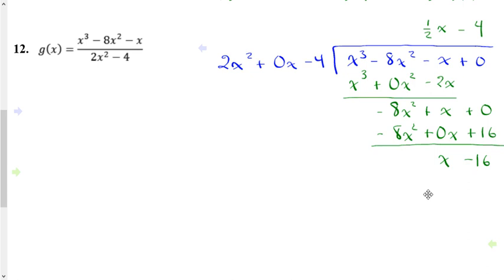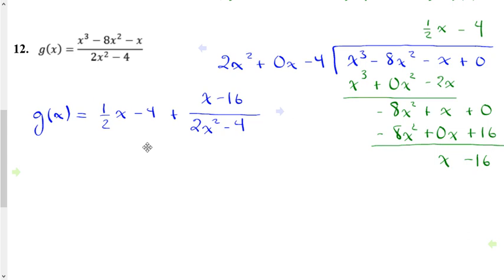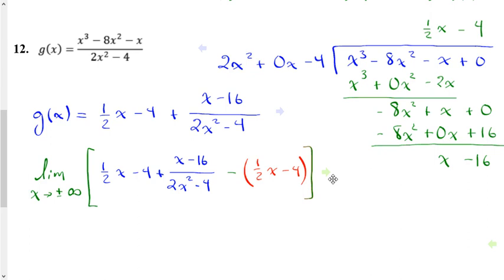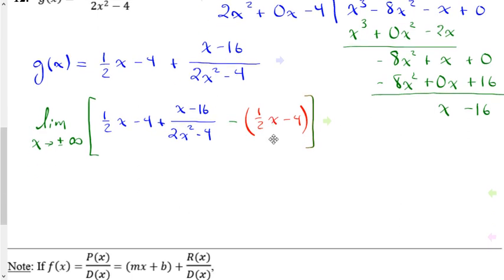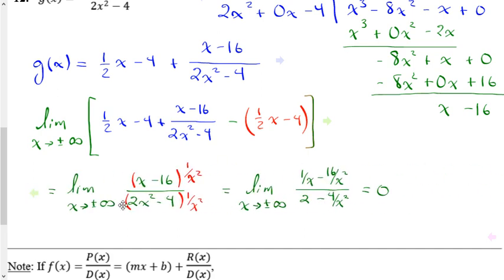So what I'm ending up with here is my quotient, once again, a linear expression. So I am anticipating getting an oblique asymptote. Here's my function, rewritten in this form. Again, my numerator is lower degree than the denominator, which results in, when I take this limit, subtracting that line, 1/2 x minus 4, this whole rational expression simplifies down and gives me 0 for my limit.